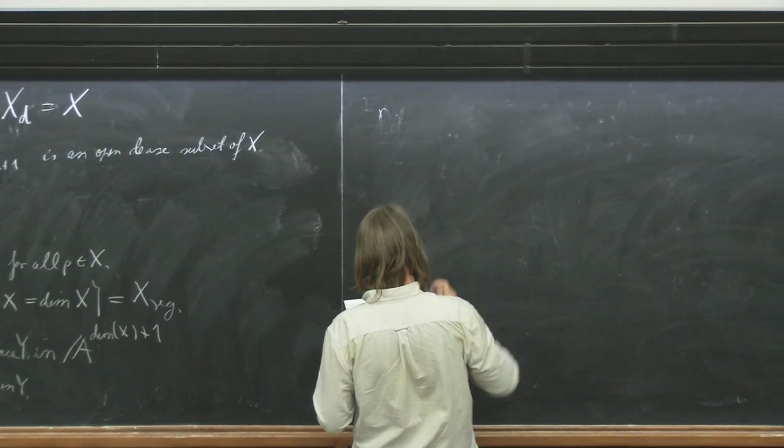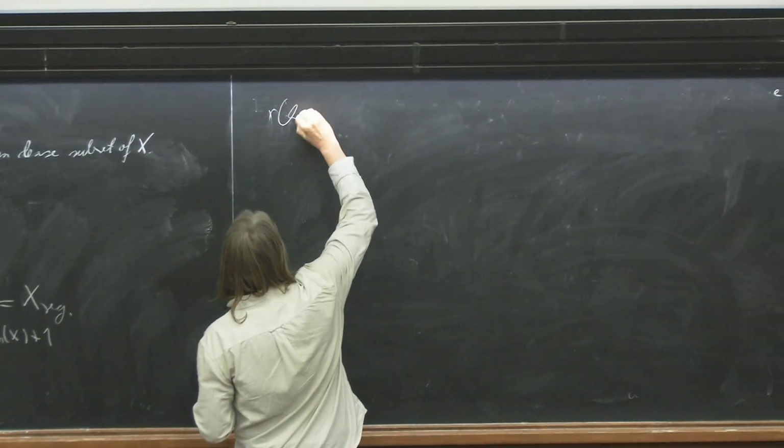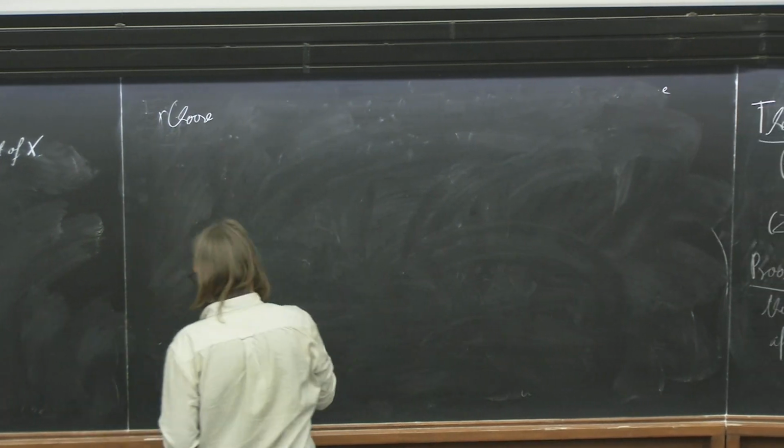So we can choose, they are birational, so there are open subsets which are isomorphic.